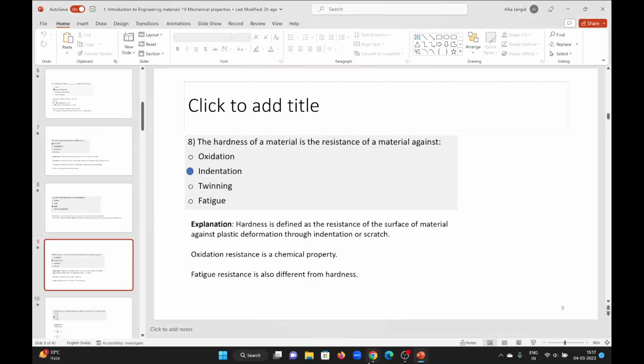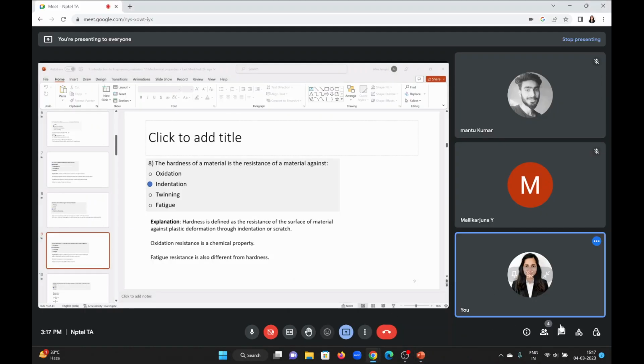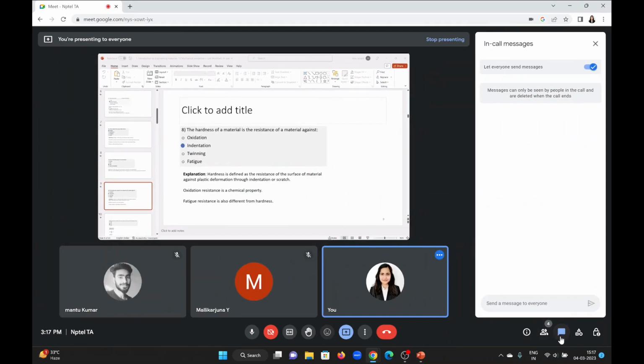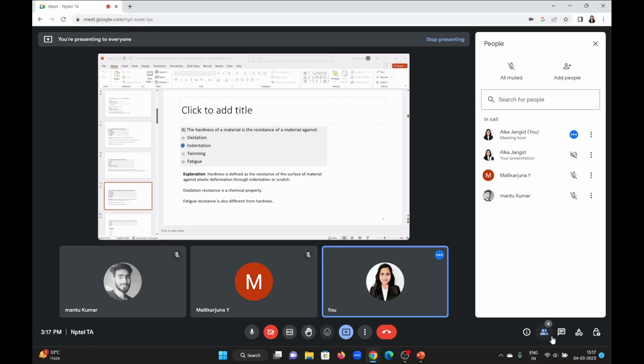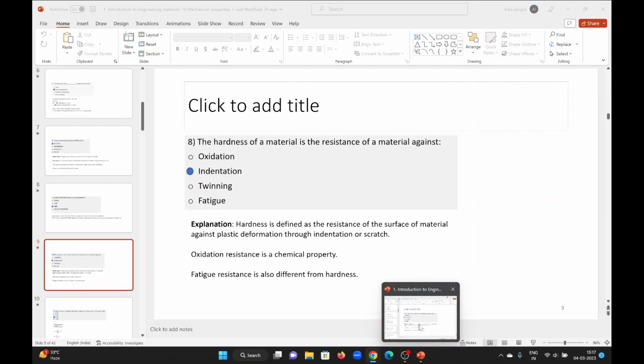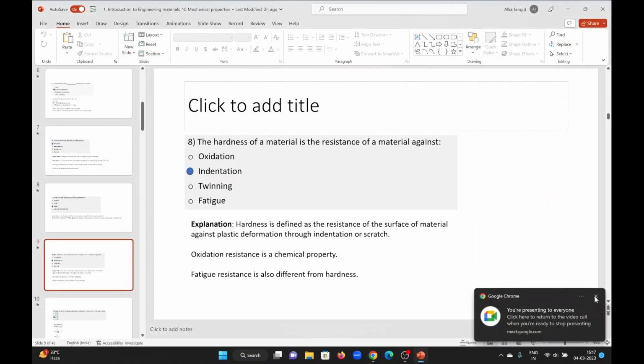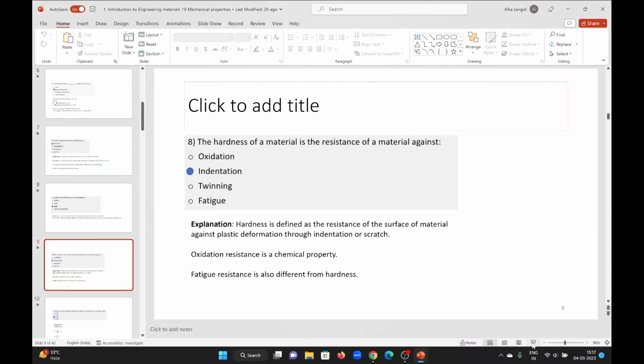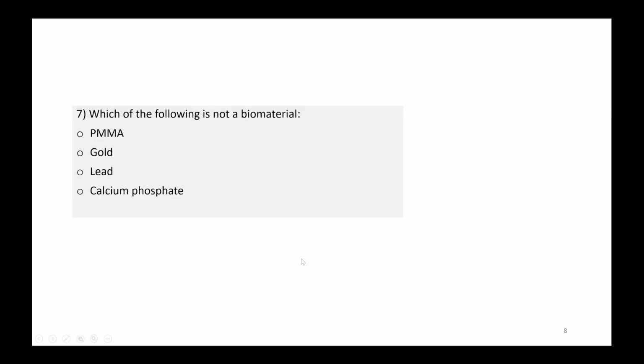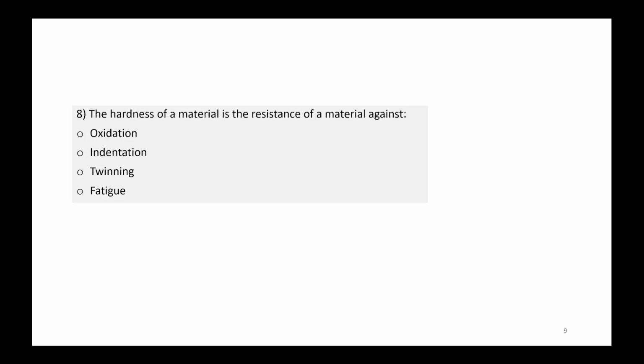Please type your answers in the chat box if you know the answer. Okay, so the answer is indentation.